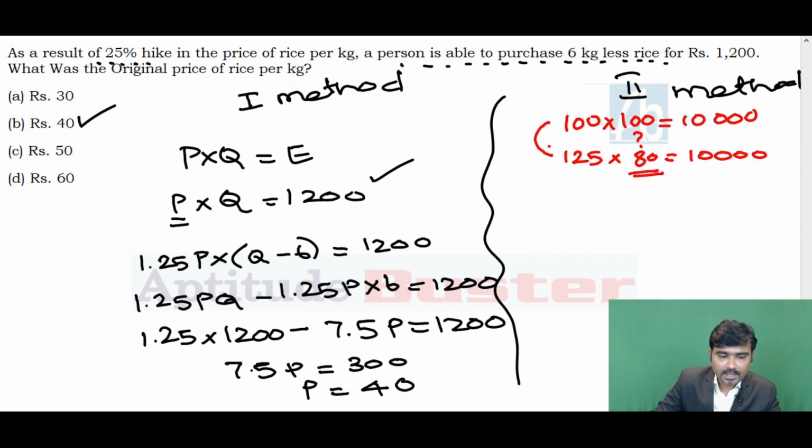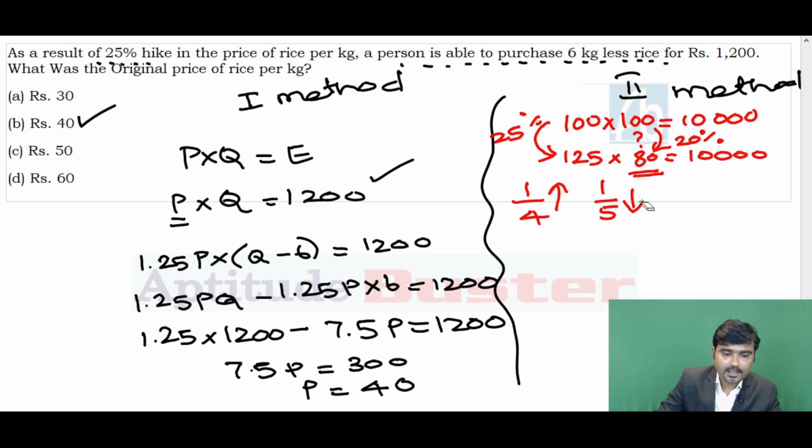If the price is increased by 25%, that means the quantity is decreased by only 20%. If the price is increased by 1 by 4, then quantity is decreased by 1 by 5.